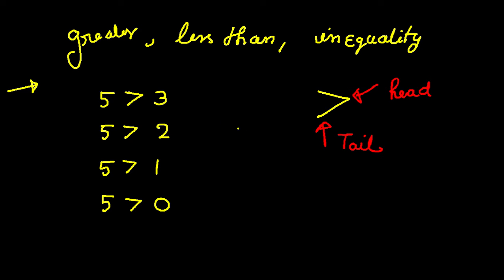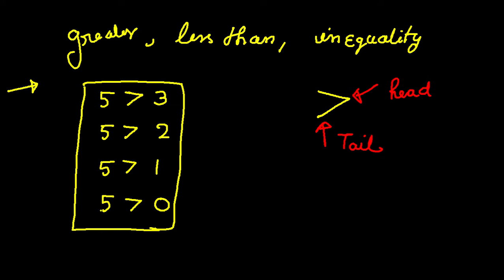So in this way, 5 is greater than 3, 5 is greater than 2, and 1 and 0. You can also take the value that 5 is also greater than -1, -2, -4, -5, -6, and so on.